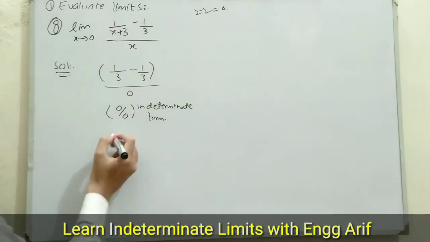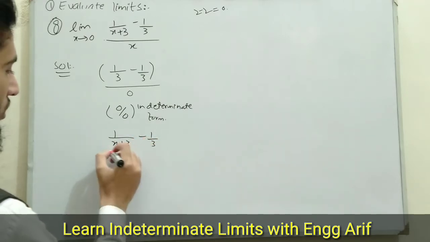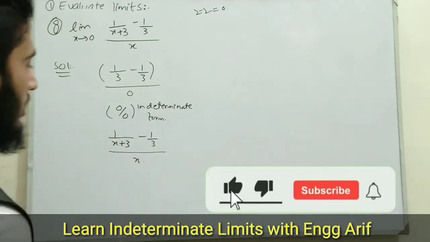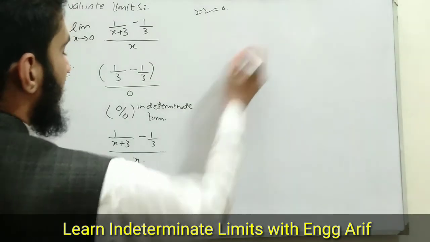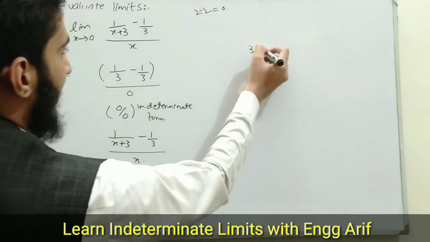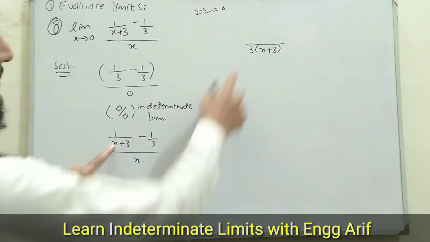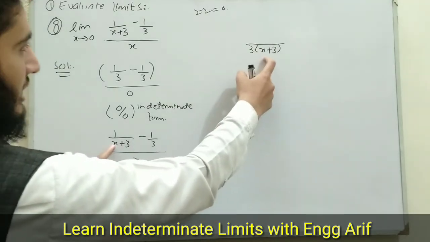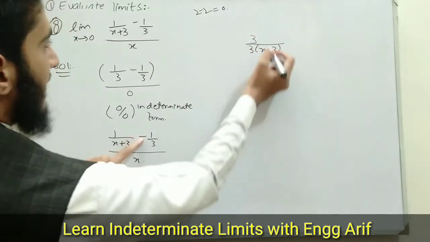How? We have (1 over x plus 3 minus 1 over 3) whole divided by x. So in the numerator I will take the LCM. The LCM will be 3 times x plus 3. Now I multiply 3 over here in the first fraction, and here is the minus sign.